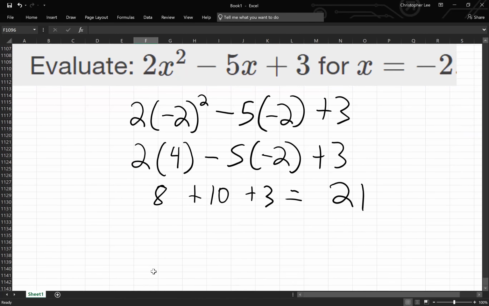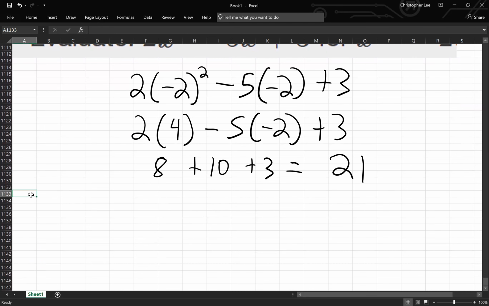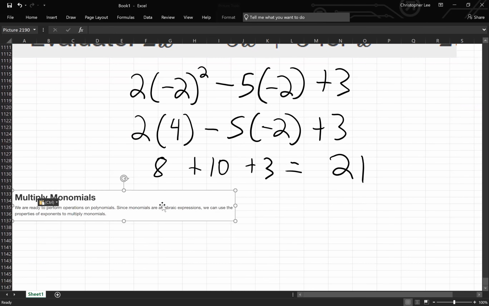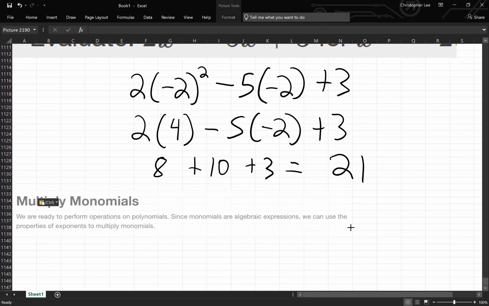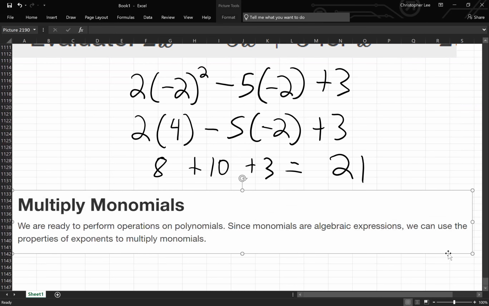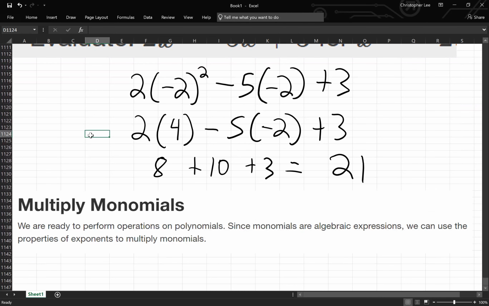I feel like somebody asked me this question earlier. And here's the explanation of how to do one of the questions from earlier. So we're going to be multiplying monomials, right? So we are ready to perform operations on polynomials. Since monomials are algebraic expressions, we can use the properties of exponents to multiply monomials, right?